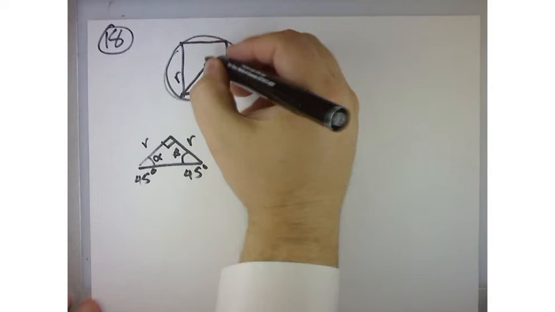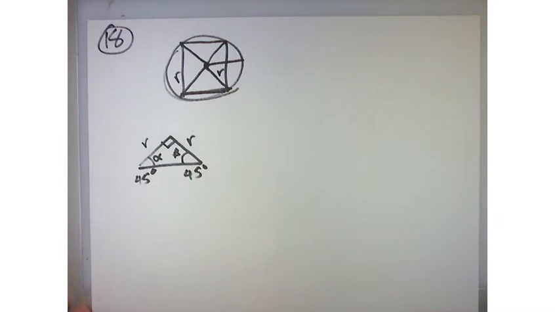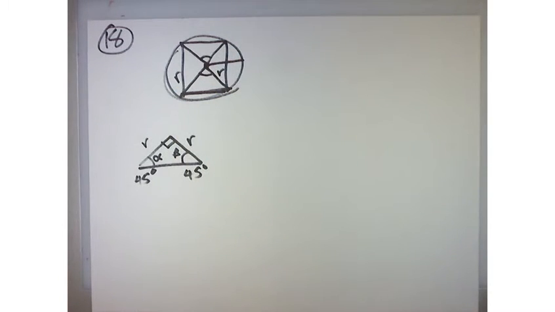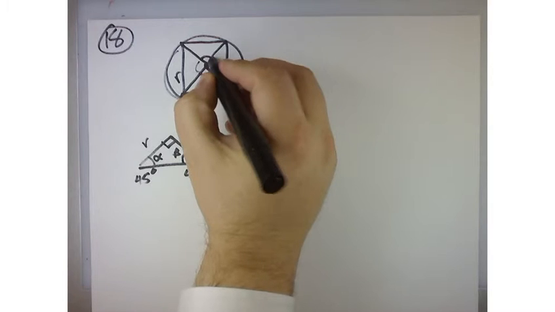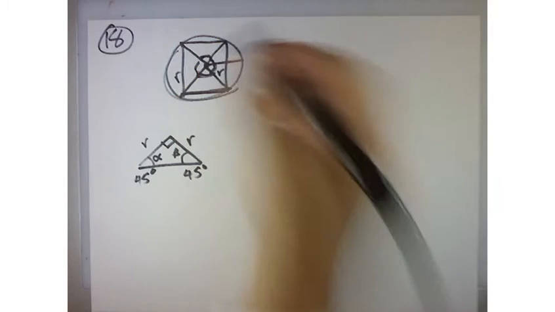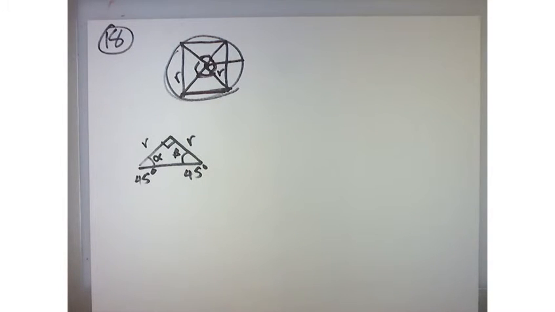Since it is a square, if I draw the diagonals across the square, I know that this angle and this angle are congruent, and this angle and this angle are congruent. We also know that this angle plus this angle has to add up to 180, just like this angle plus this angle.